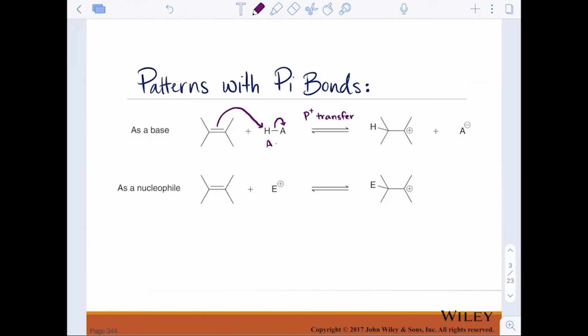Notice HA here is an acid. We'll still need our beautiful, wonderful pKa's to be able to understand when that reagent is a good acid. The pi bond can also be a nucleophile, though, and it can do a nucleophilic attack when presented with an electrophile. We spent a lot of time with electrophiles in the last chapter, so we'll see a couple of new ones in this chapter as well.